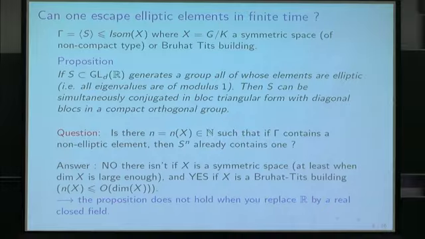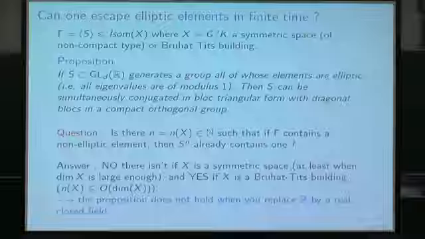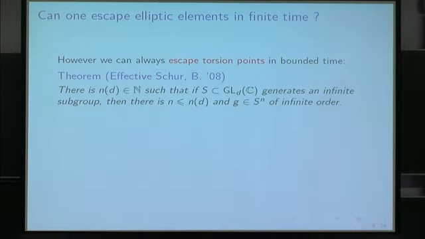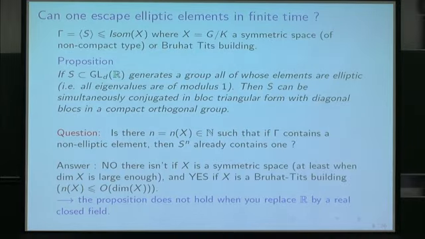The reason is, because of this counterexample, there are subgroups of GL_d of R bar, where R bar is this ultrapower, which are entirely made of elliptic elements, but they are not conjugated inside some SO_d. So they do not preserve a positive definite quadratic form. I'll explain in a moment where it comes from.